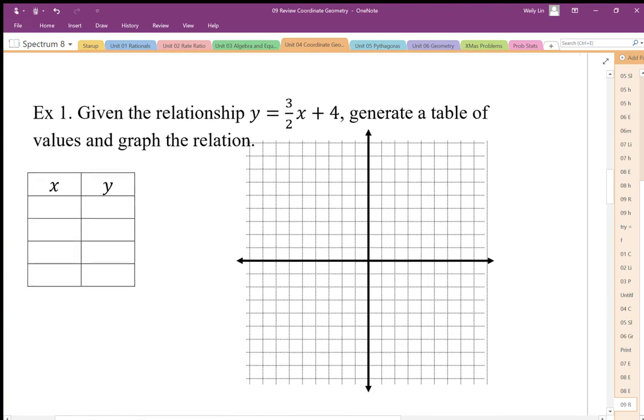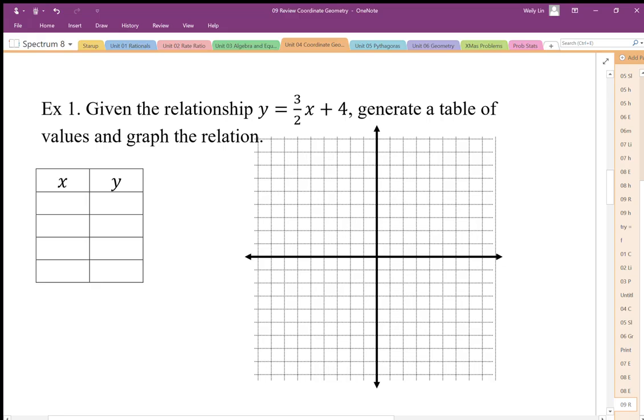So if I want to graph a relationship, I want to generate a table of values. The equation, the table, and the graph are all connected. When I make a table, I always should make sure I have the starting point. When x is 0, my y coordinate is going to be 4. Now, when I plot points here, I'm not going to go up by 1s because of that divide by 2.